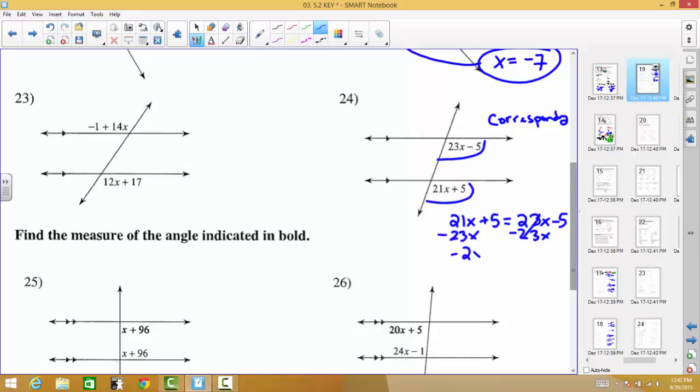So negative 2x plus 5 would equal negative 5. And then you're going to move all the numbers to the opposite side. So negative 2x equals negative 10. And then divide by negative 2 to isolate your x. So you would get 5. So if you plug 5 into this and 5 into this, you should get the exact same answer.